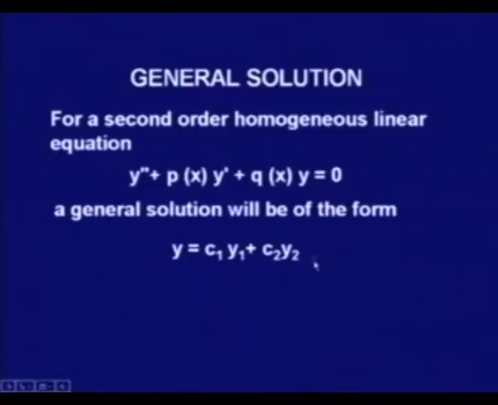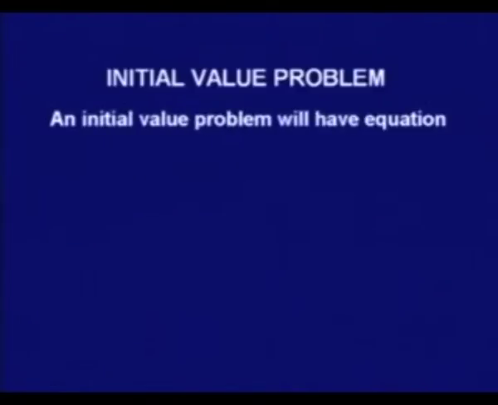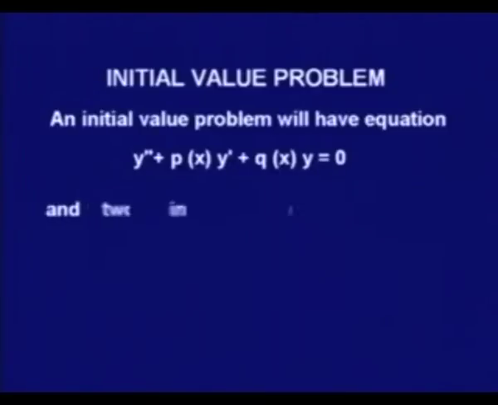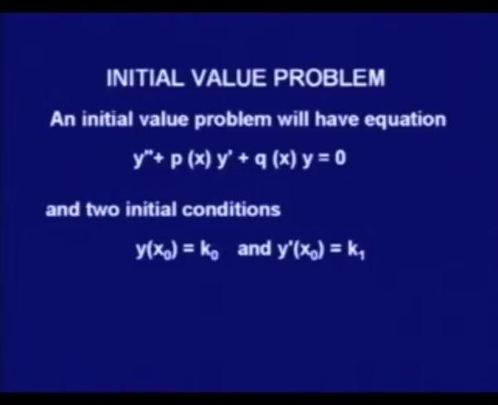Then moreover, consider a particular initial value problem. An initial value problem will have the equation y double dash plus p x y dash plus q x y equal to 0 and two initial conditions, y at x naught is equal to k naught and y dash at x naught is equal to k 1. If you remember, in the first order equation we had only one initial condition.